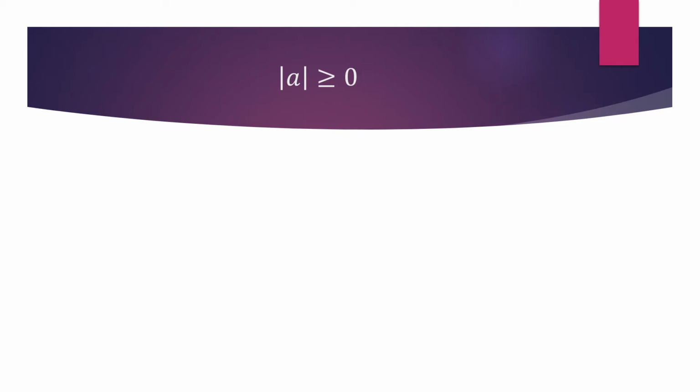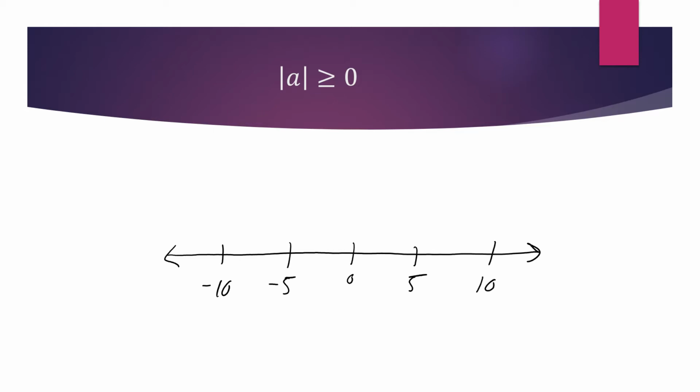If you think about absolute value on a number line, say we have 0 right here, -5, -10, 5, and 10, something like this. We want to think about absolute value always as a distance because absolute value is our distance from 0.